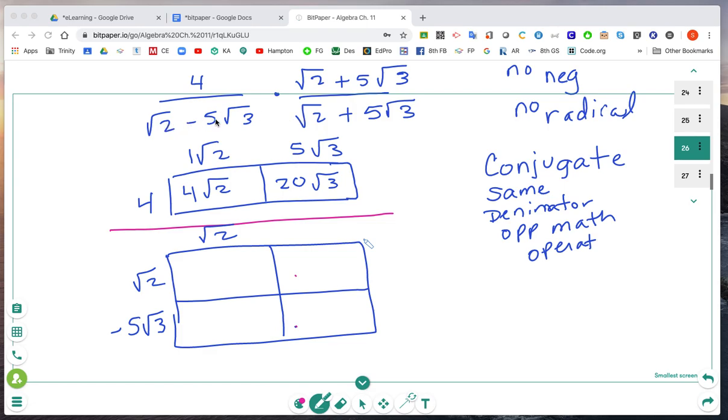So I took the first 2 terms in my first denominator, square root of 2, negative 5 square roots of 3. Now I'm going to take the 2 terms in my second denominator and put them across my box. So square root of 2, positive 5 square roots of 3.